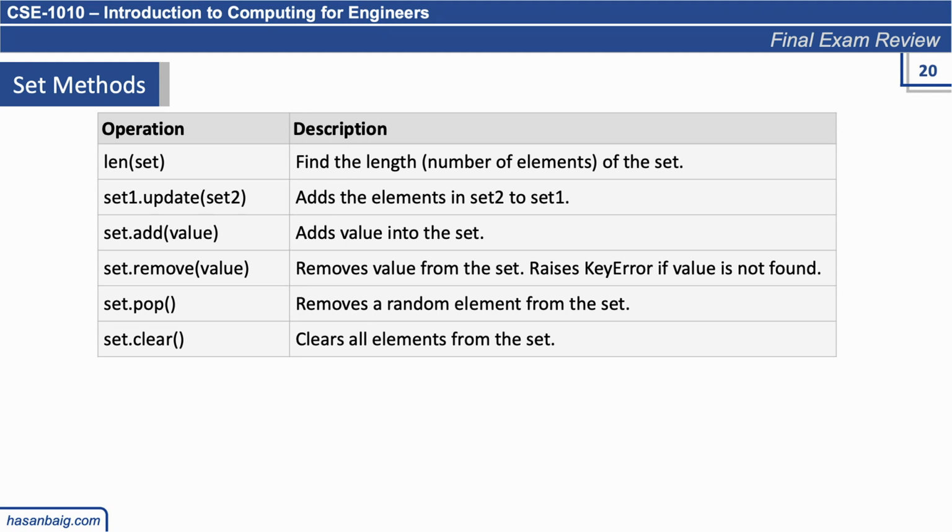In a list, if you run the pop method, it will remove the last element. If you run the pop method on a set, it will remove any random element. You do not know which element will be removed. The clear method clears all the elements in the set.